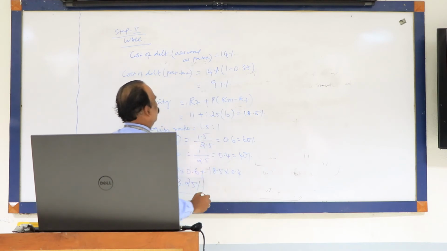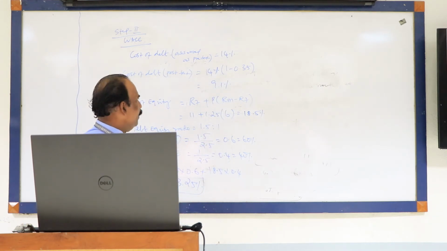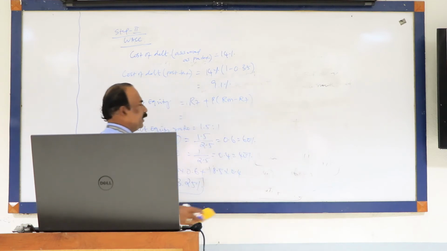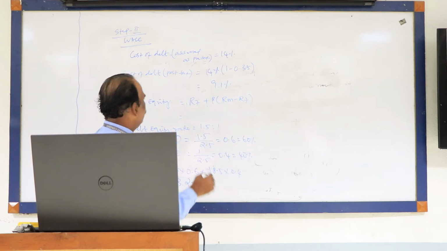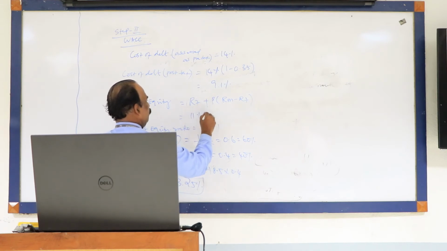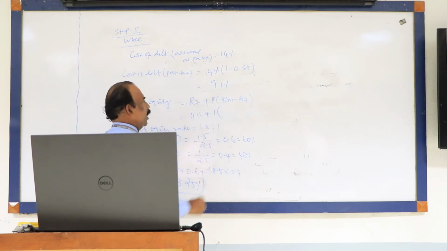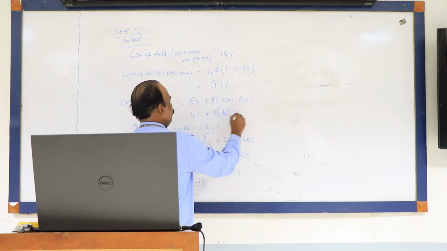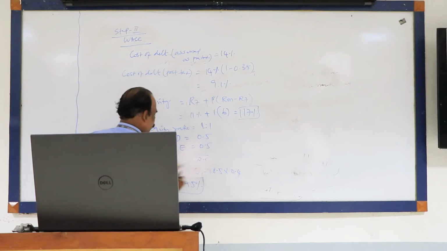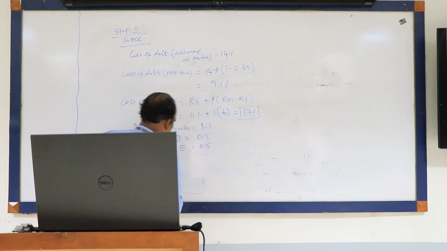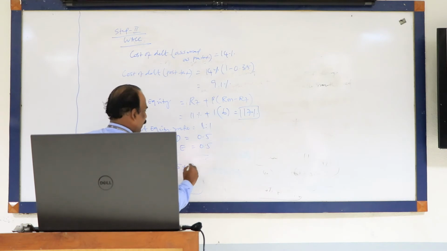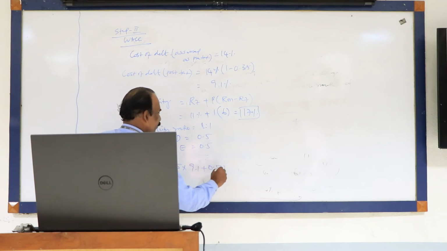Then cost of equity is the same formula, RF plus beta into (RM minus RF). The risk-free rate is 11% plus beta is 1, RM minus RF is 6, so it is 17%. Then it will be 0.5 into 9.1 plus 0.5 into 17.